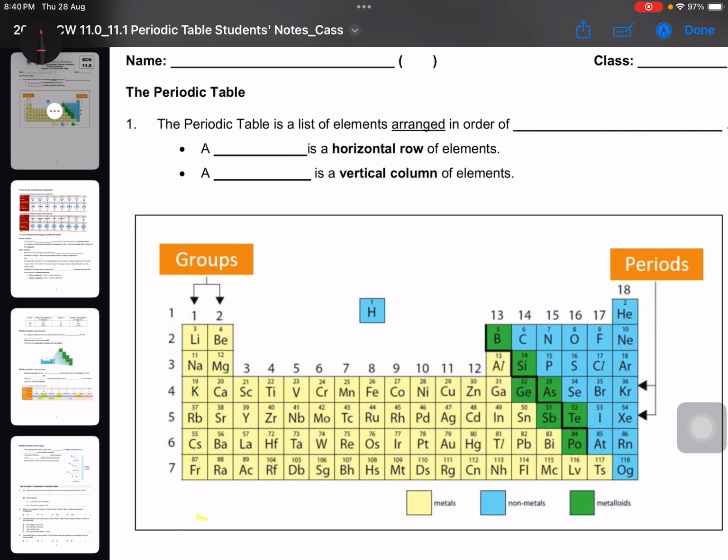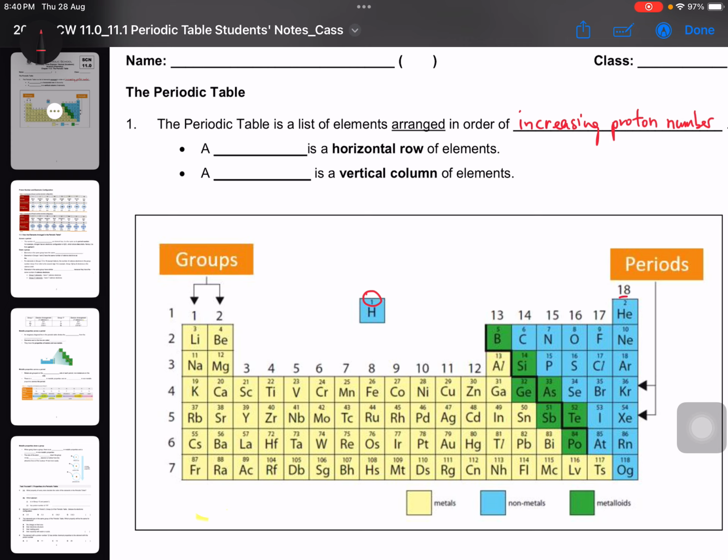The periodic table is actually a list of elements arranged in order of, how are they arranged? It is increasing proton number. Okay, now what do you mean by increasing proton number? Let's look at the first element in the periodic table. That would be hydrogen, and hydrogen is 1.